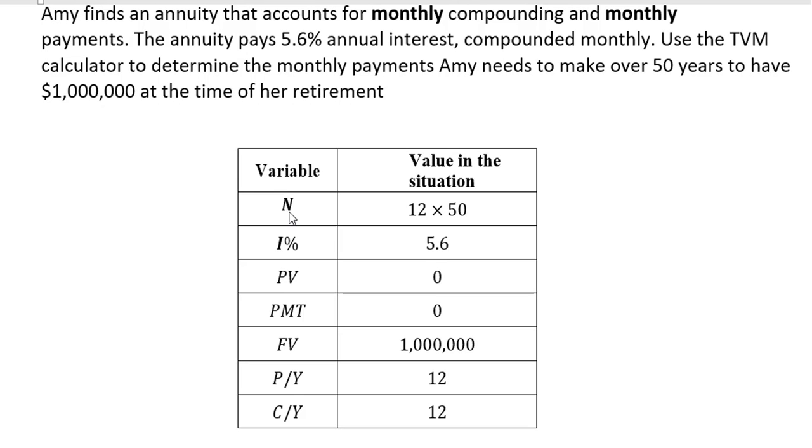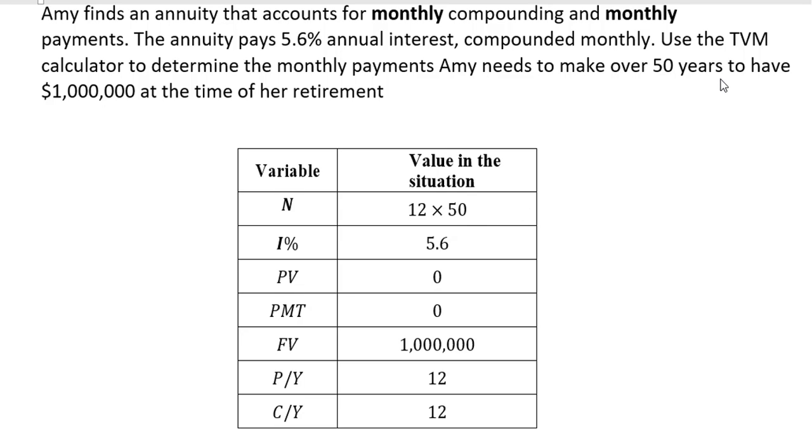For this N, basically means number of compounding periods. It will be 12 times 50. Compounded monthly, which means each year it will be compounded 12 times.